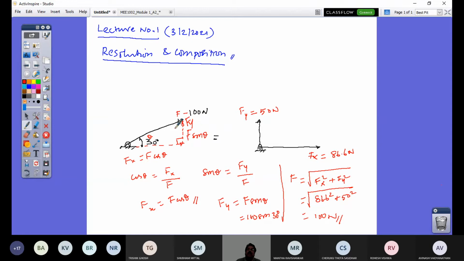So what have we done? What we are doing so far is called resolving a force, resolving a force into two components. What are those two components called? Horizontal and vertical components. If I have a hook and I represent the hook as origin, with a horizontal x-axis and vertical y-axis, and I have a force like this, I would be able to replace it by two forces here.